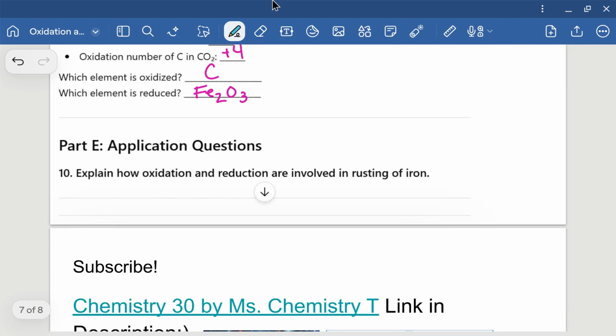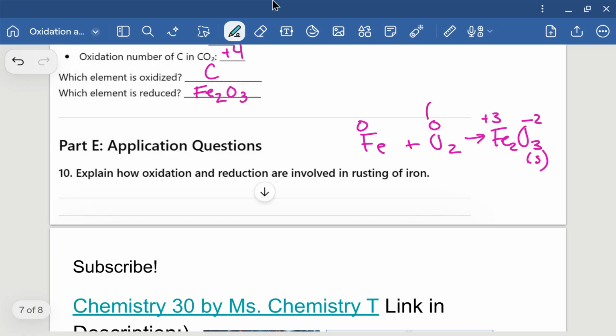Okay. So lastly, explain how oxidation and reduction are involved in rusting of iron. So if iron is being reduced, or oxidized, sorry, let's just take a look for a second. It is reacting with oxygen to form Fe2O3, I believe is the iron or the rust formula. So if that's the case, you would assign your numbers, and this would be +3.